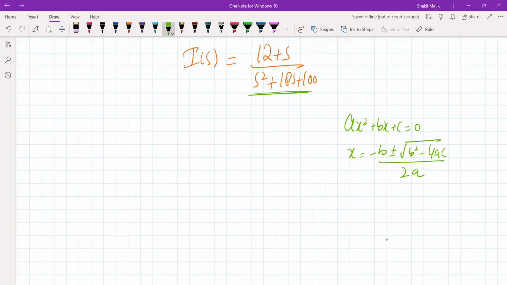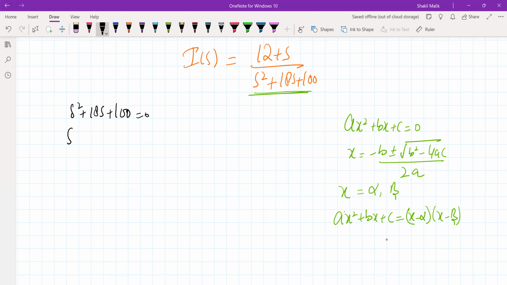And if the roots are alpha and beta, then we can say ax square plus bx plus c can be written as a times (x minus alpha) into (x minus beta). So in terms of factors, what we have here is s square plus 18s plus 100.